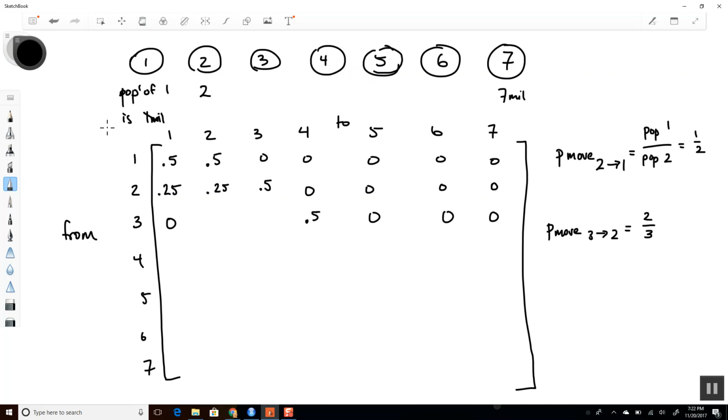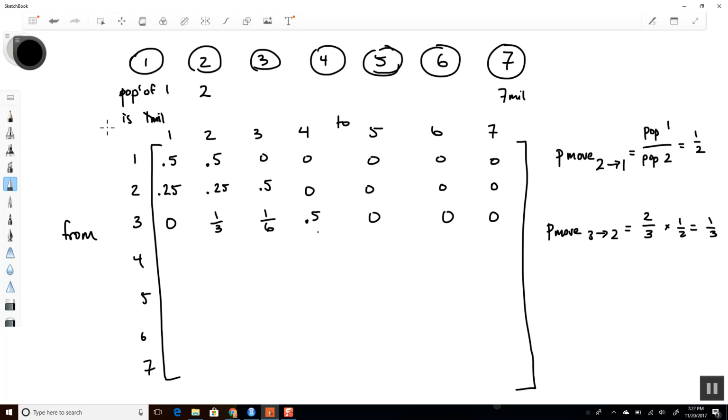So the total probability of moving to island 2 is 2/3 times 1/2, which is 1/3. I'll write 1/3, which means the probability that I stay put is 1/6. Is this okay with everybody?